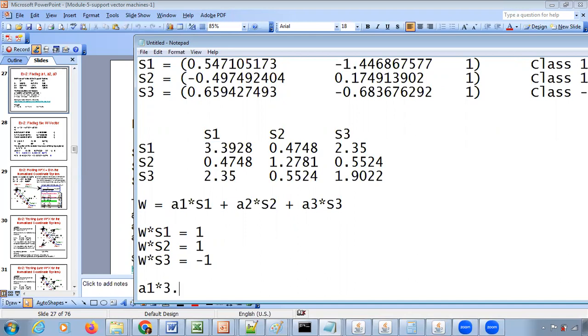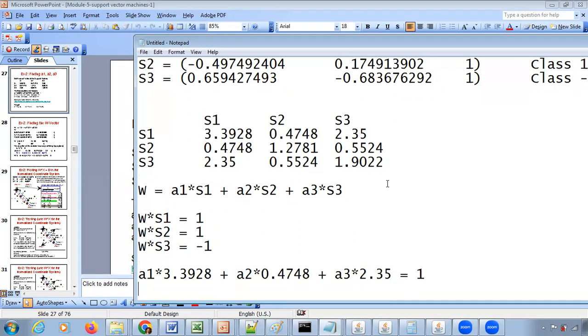So 3.3928 plus A2 times, this is S2 times S1, so that should be this entry, 0.4748 plus, this should be this S1, S3, A3 times 2.35, this should be equal to 1.